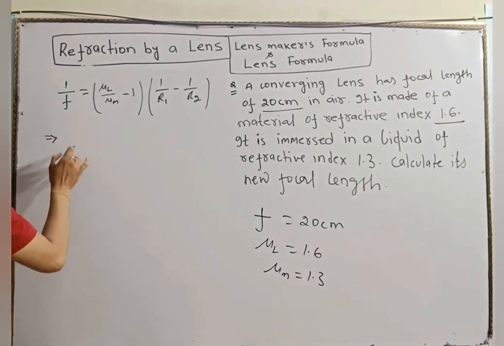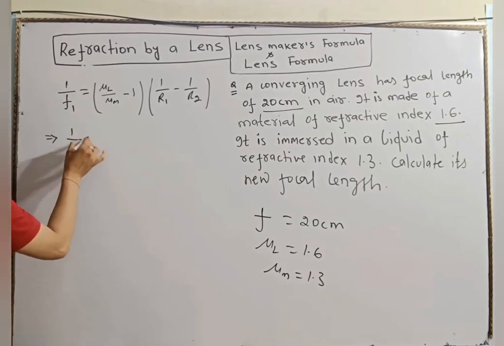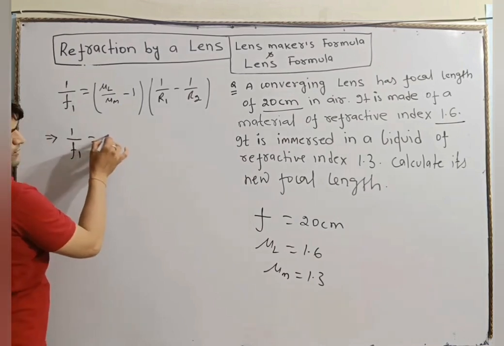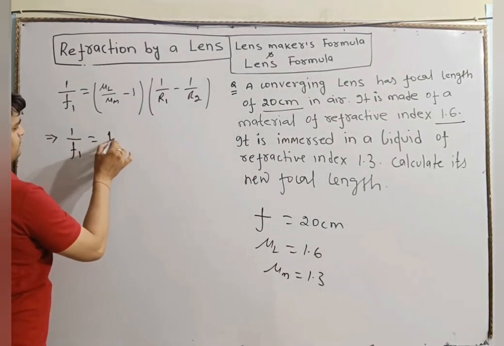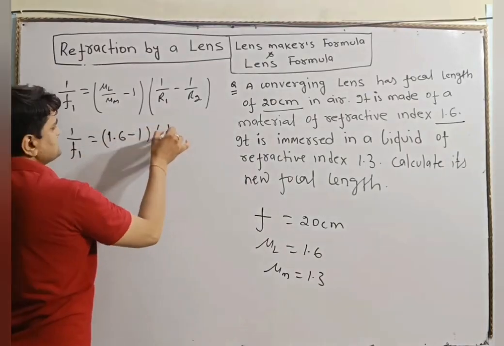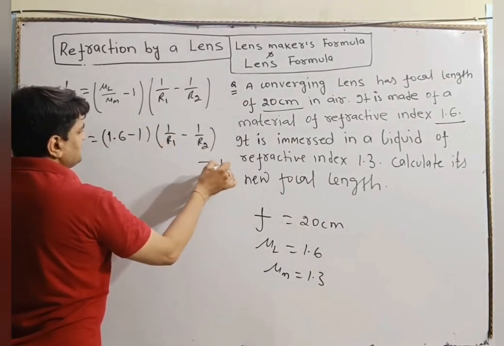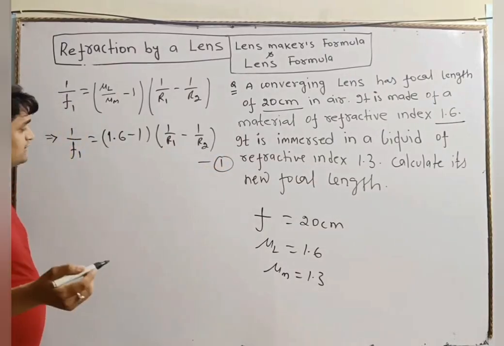We will put that in last. So 1 upon F1 equals mu L, that is 1.6 minus 1, times 1 upon R1 minus 1 upon R2. This is equation number 1.